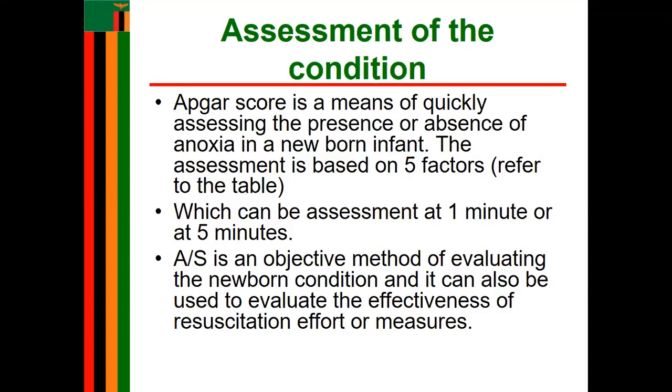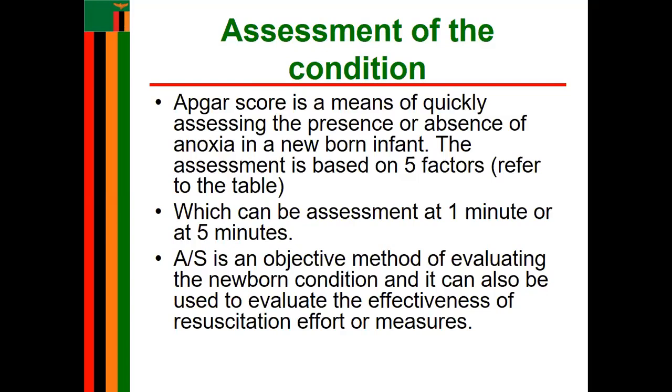This assessment is based on 5 factors: the pulse in terms of the heart rate, respiratory rate, the muscle tone, the grimace, and also appearance. So those are the factors that you're going to look at, and we'll look at them in the next slide.